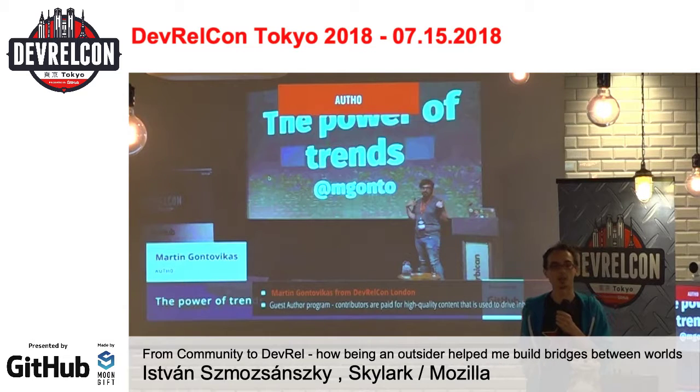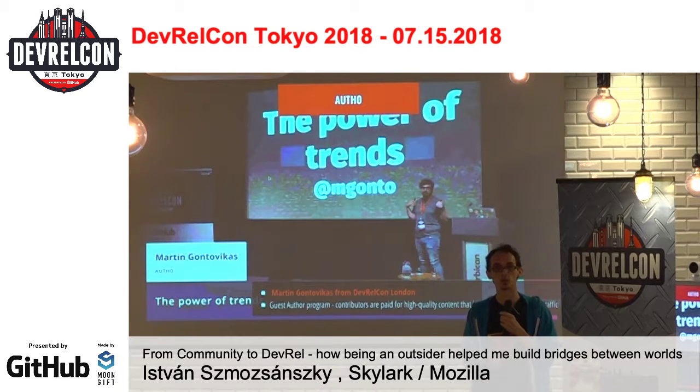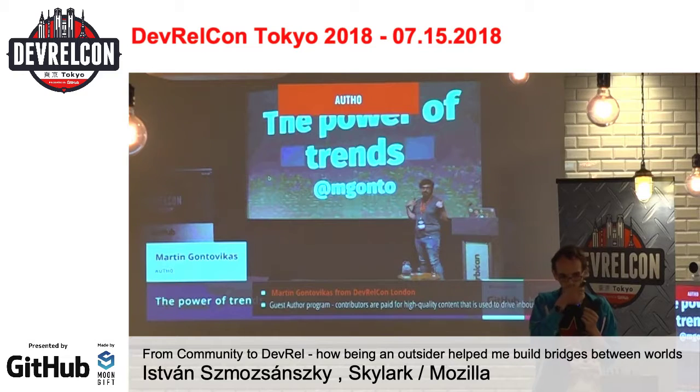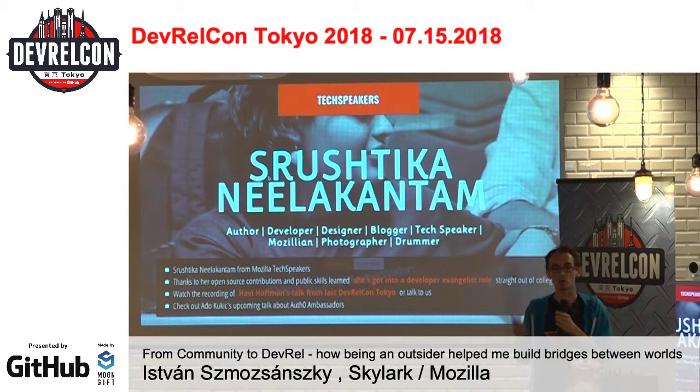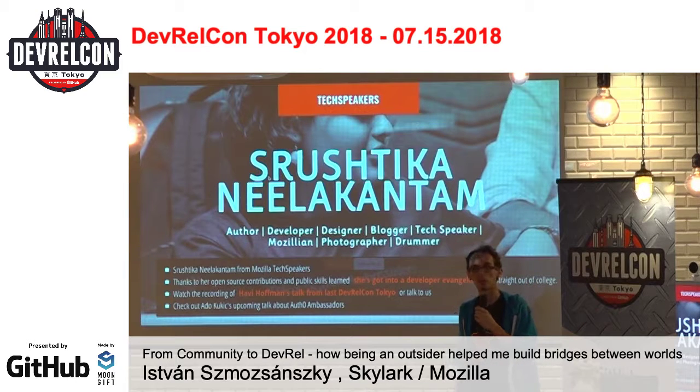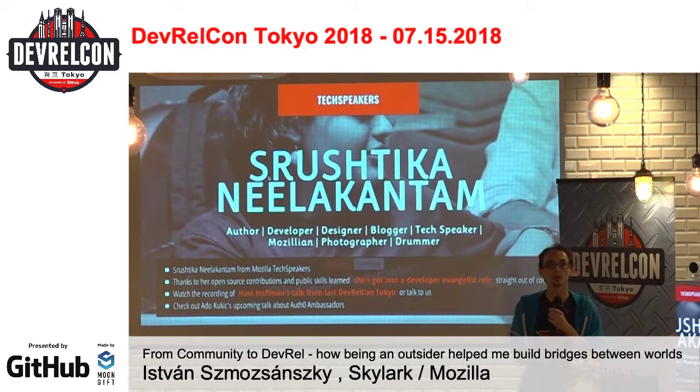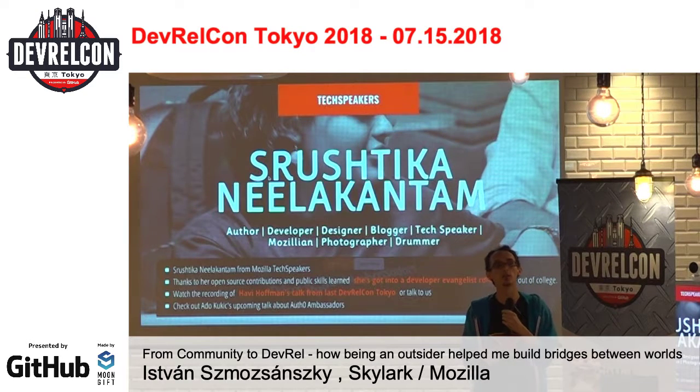They also have an ambassador program. There's a talk later on about this. I recommend you check that out. We also, in the Mozilla Tech Speakers program, have things on the other side. You provide people abilities and access to all these things, and you provide them with skills that they can use later on in their own life.